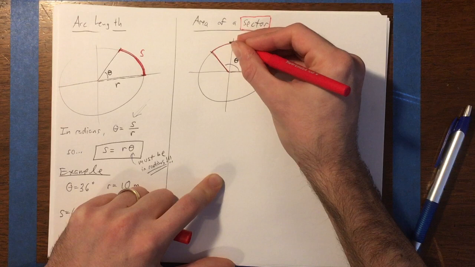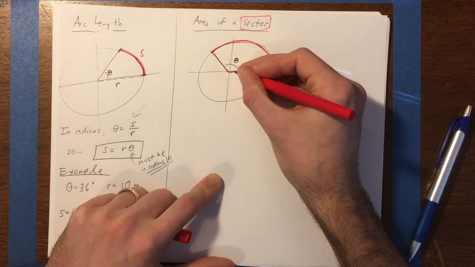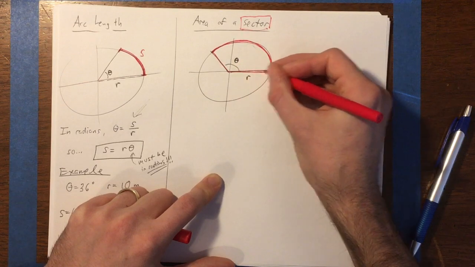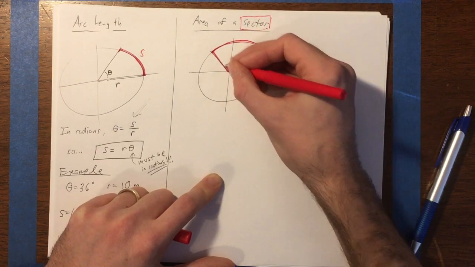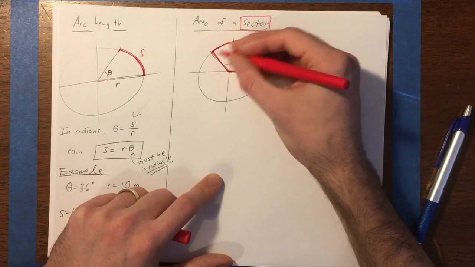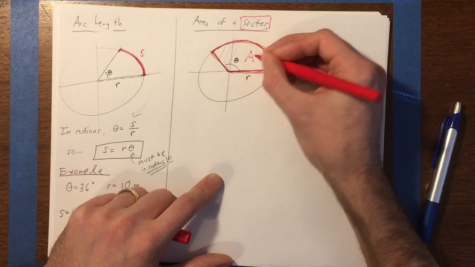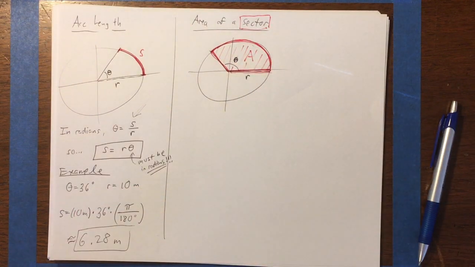Basically, it's like a pizza slice or cake slice. It's a portion of the area of the circle which is divided up by straight lines coming from the center, like rays coming from the center, and then the circumference of the circle. So this area here, let's represent that area by the letter A. That area there is the area of the sector.